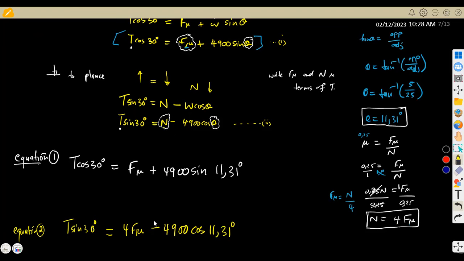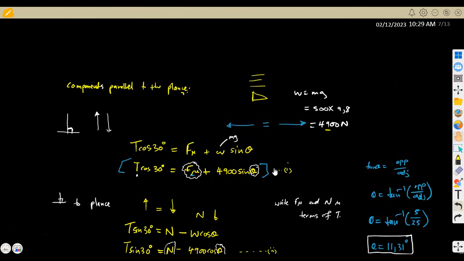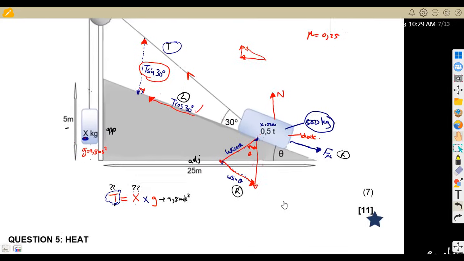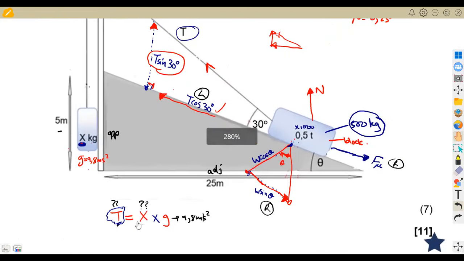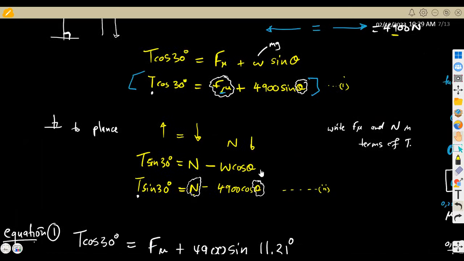From these two equations, there are two options that we can do to solve for T. Remember, you want to solve for T. I indicated here that we are supposed to calculate the value of T. If we can have the value of T, then we can have the value of X. So to solve for T from these equations, what can you do, guys?